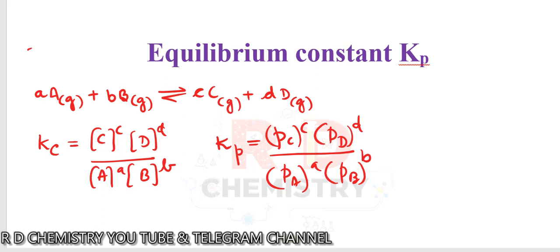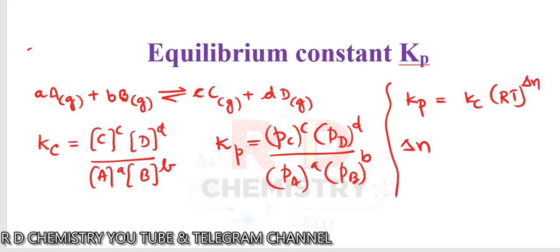Now, what is the relationship between Kp and Kc? Kp and Kc are related as Kp is equal to Kc into (RT) to the power delta n. What is delta n? Delta n is the difference in the number of moles of the products and that of the reactants. Remember, this is meant only for gaseous reactants and products.